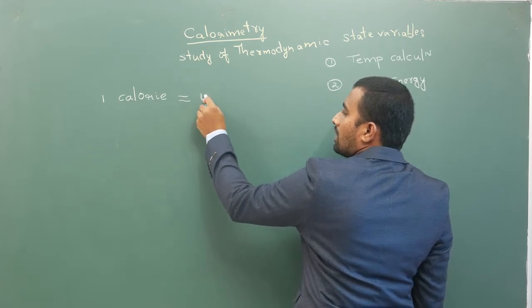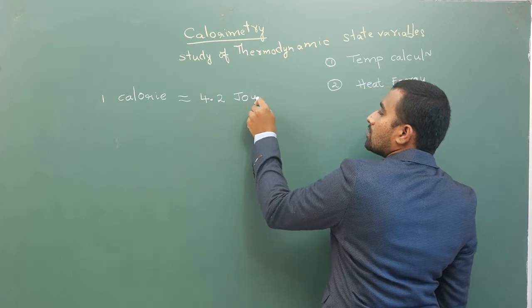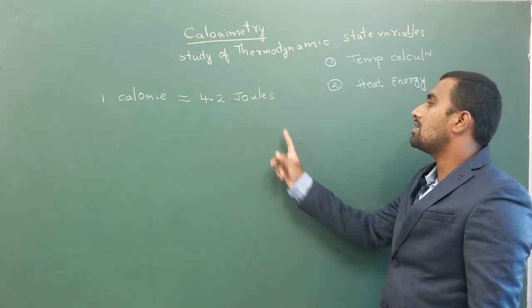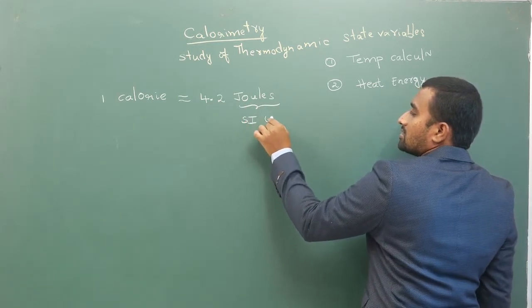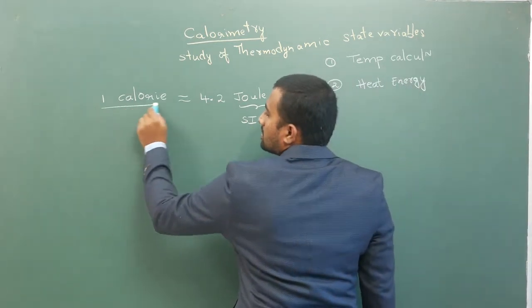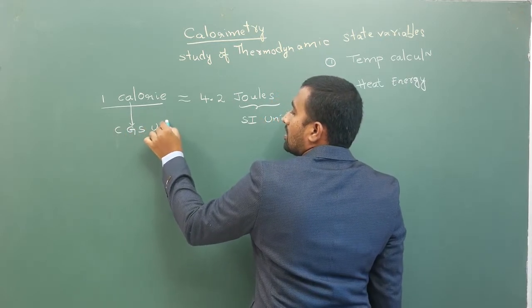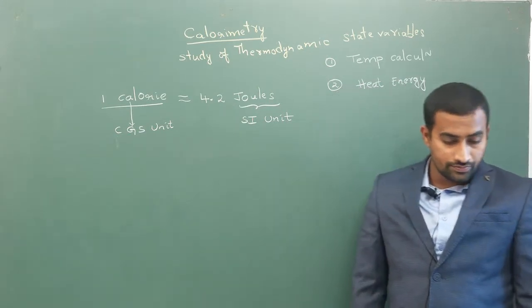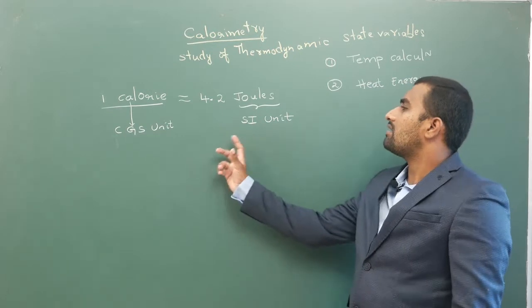So 1 calorie is equal to 4.2 joules. Joule is the SI unit, and calorie is the CGS unit. Why are we defining two units?